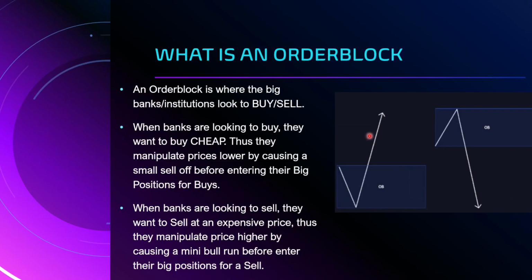So what are we actually saying? We're saying this is an example of a bullish order block. We find the price action is sitting at this level right here. This is the market price. But the institutions and banks decide they don't want to buy at this level because this is a bit higher.